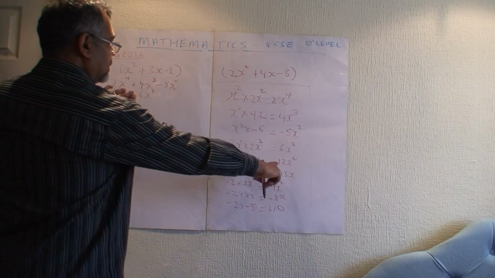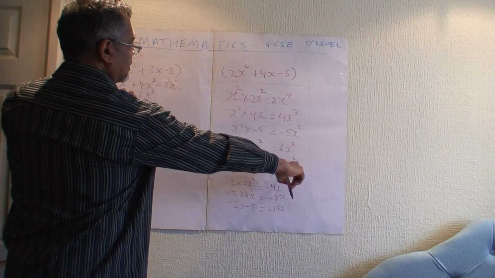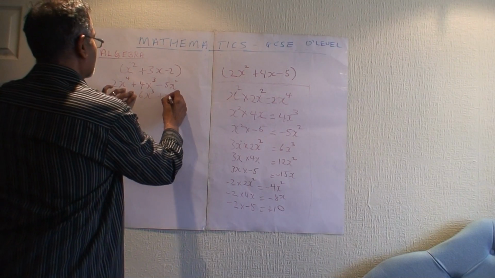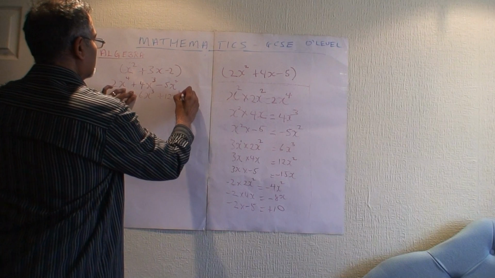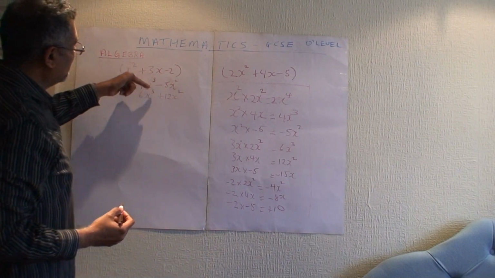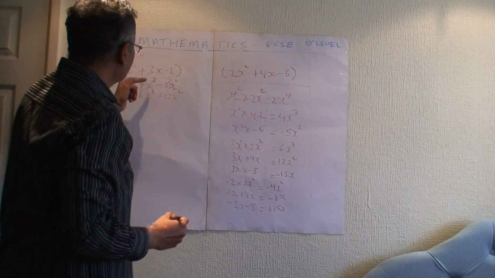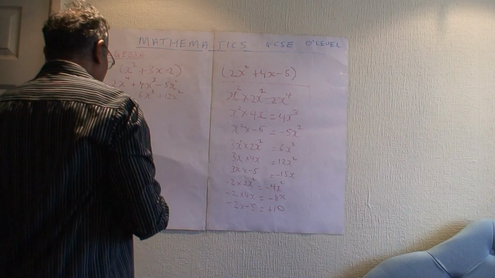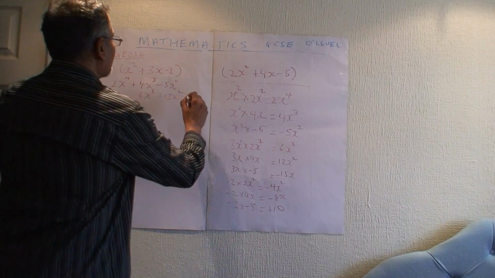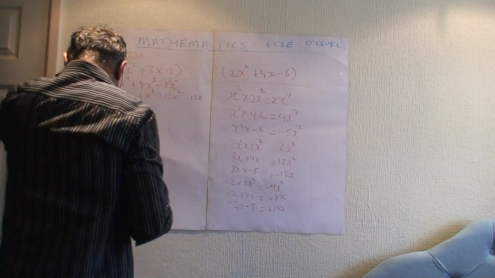The next one is plus 12x to the 2nd power, below the minus 5x to the 2nd power. So we're matching up the powers to make it easier: 3 and 3, 2 and 2. Then the minus 15x comes right there.